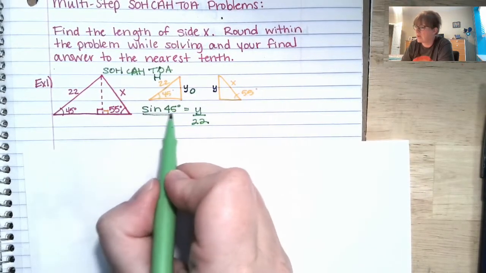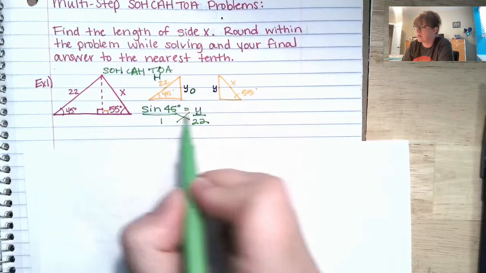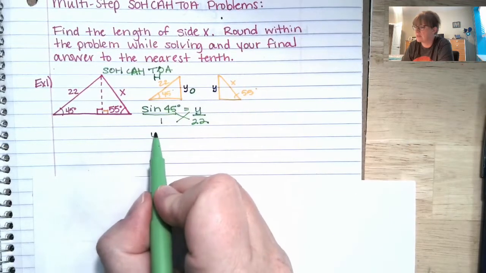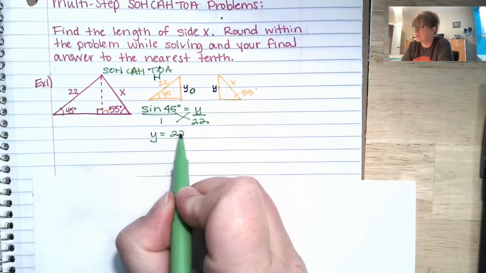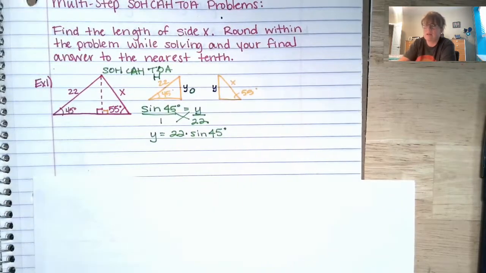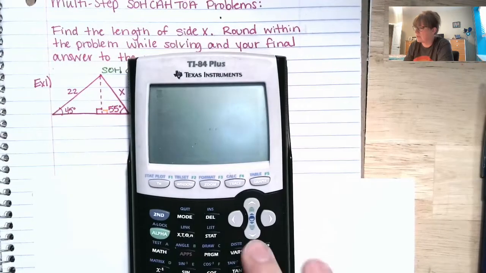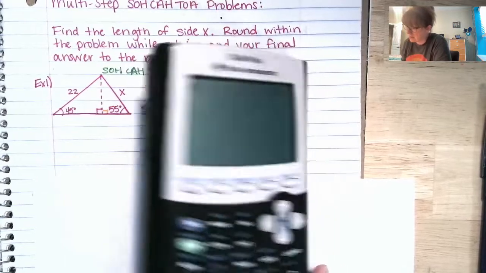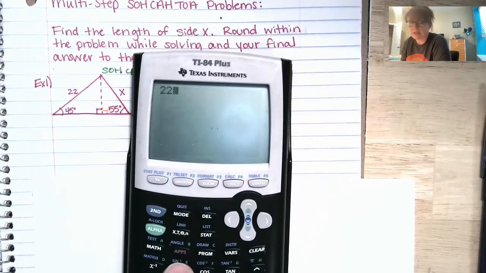Make this into a fraction equals a fraction, cross multiply: 1 times y is y, and then 22 sine 45. Getting out our handy dandy calculator, we type 22 sine 45.